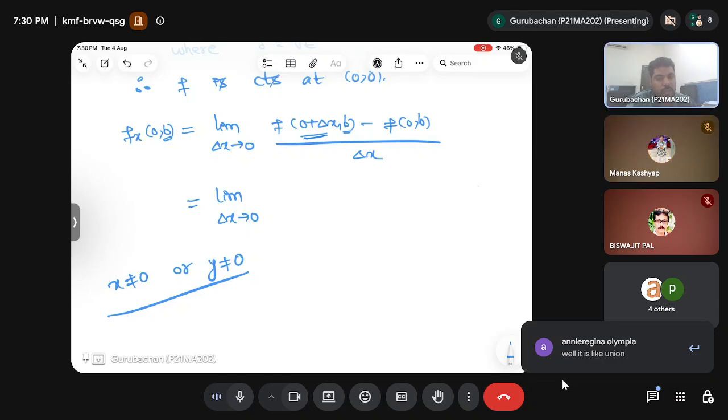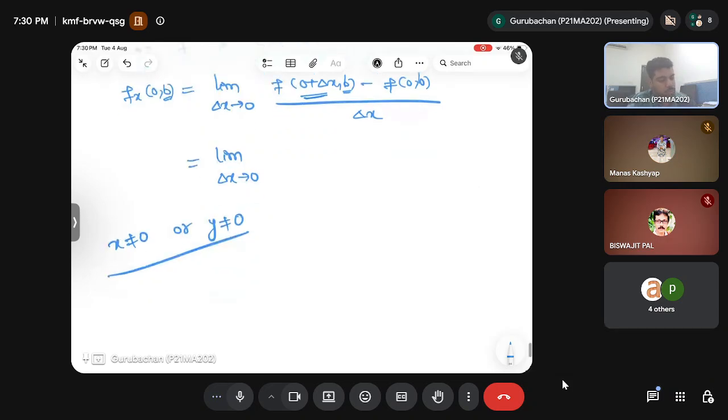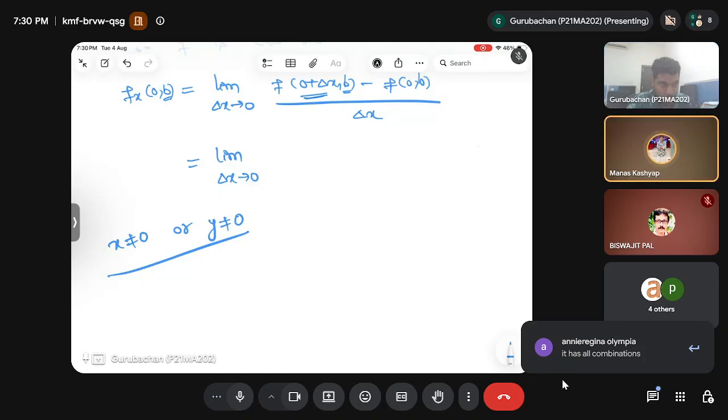It is like union, someone said. Okay, that means sorry, Manas, can you repeat yourself? I missed what you said. It is saying that if any one of them is non-zero, either x or y, then it is defined.